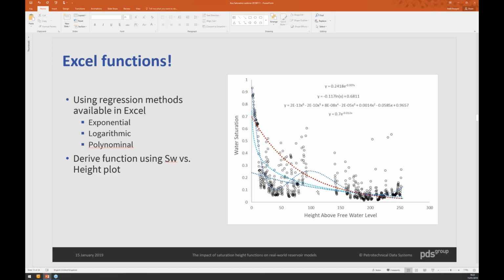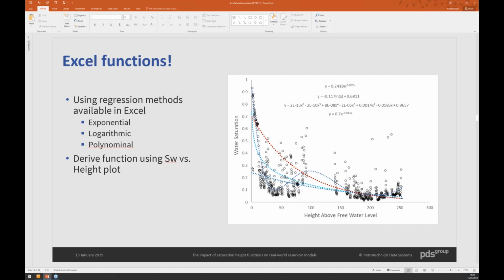The line down at the bottom, hopefully if you can see where my cursor is tracking, is the first exponential method. Now that doesn't necessarily look too clever. That gets to about 25% SW at the free water level. The red line is the second exponential, what I've termed the fixed exponential, where I've fixed the y-intercept at about 70% SW, just to try and force the fit of that curve through the data perhaps a little bit better.